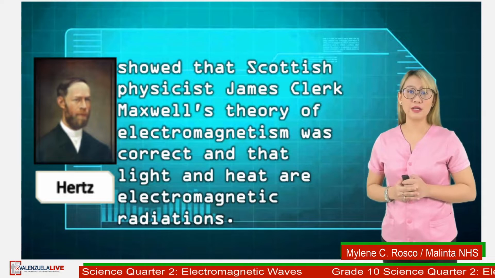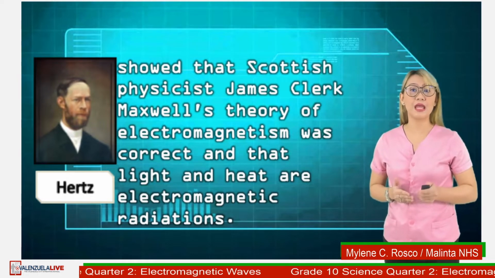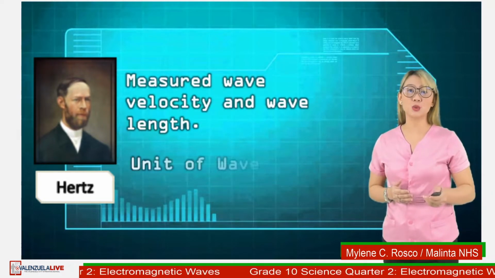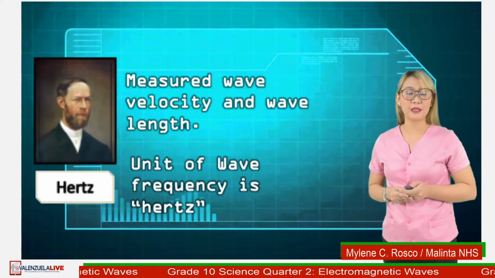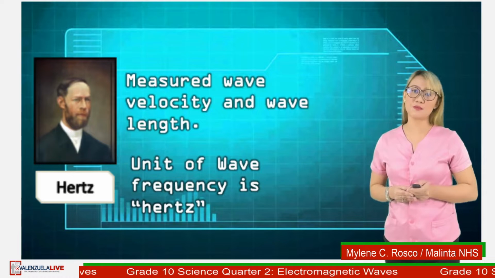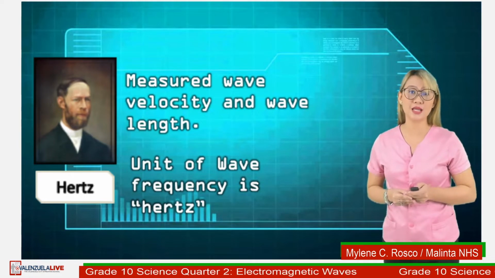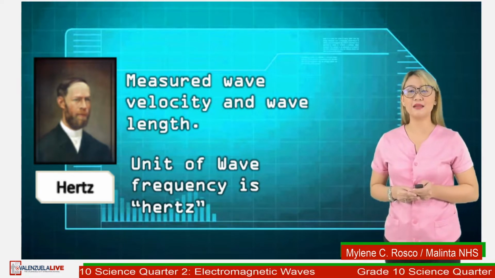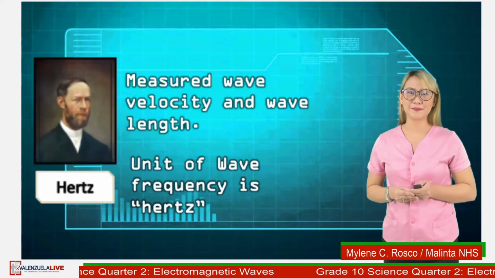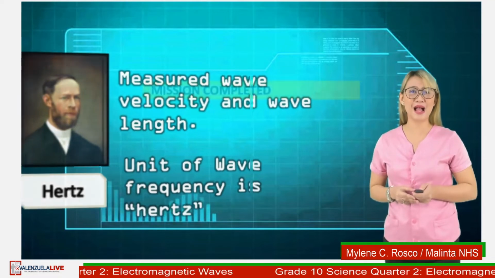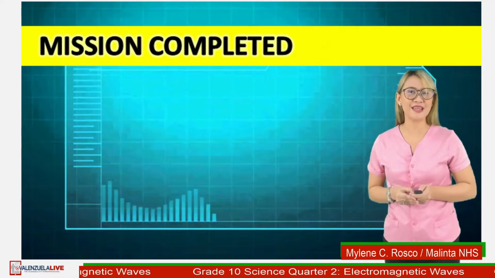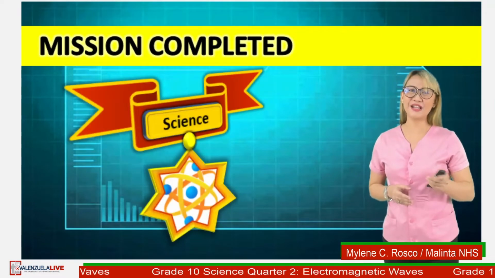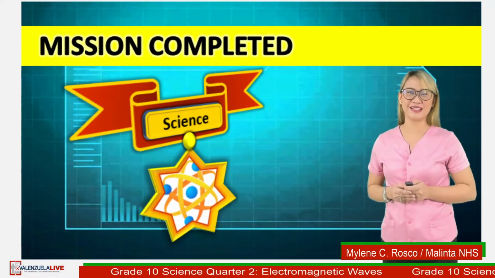He discovered that wave speed and wavelength can be measured, and wave speed is equal to the speed of light. The unit of frequency of waves, measured in cycles per second, was named after Heinrich Hertz in his honor. Great job, agent investigator. Because of that, you will be given a medal for completing your first mission.